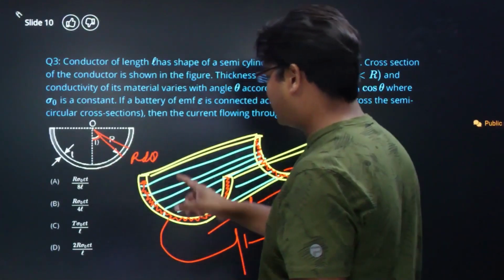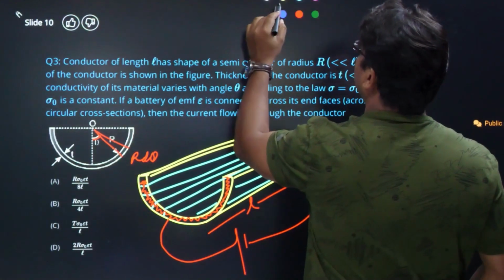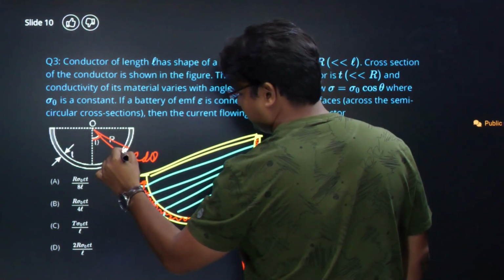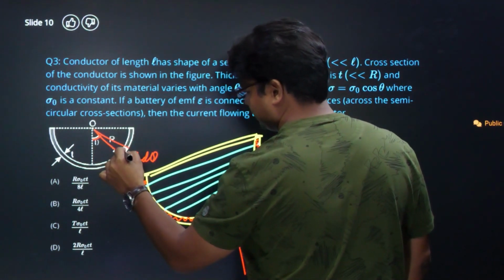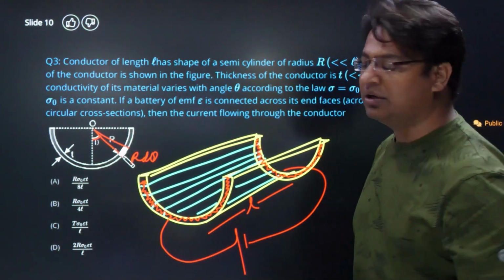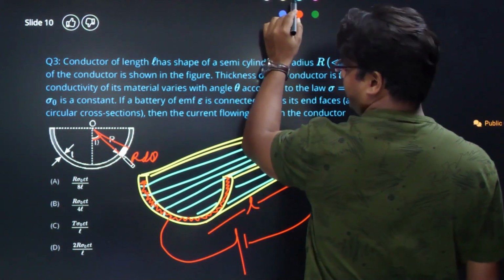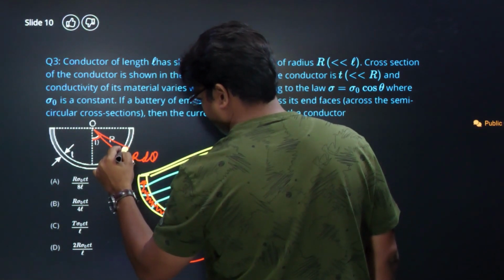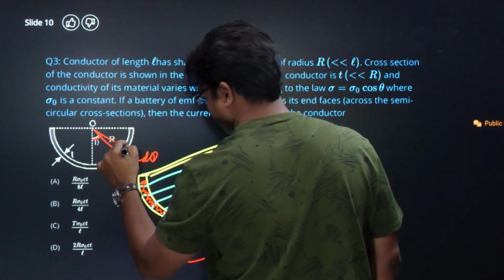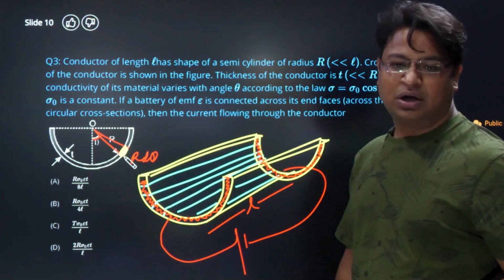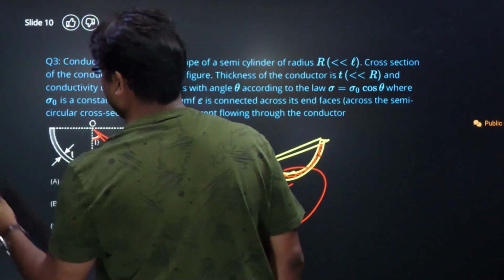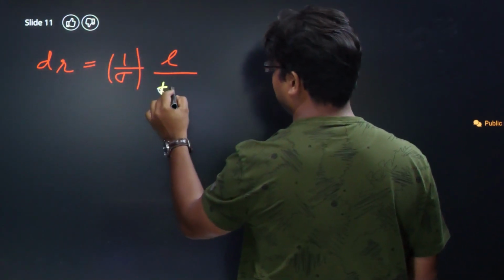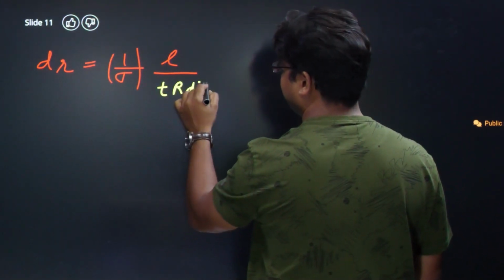So if I'm talking about a strip like this, the area for this particular strip would be this area. How do we write this area? So this area would be R d theta into T. So T times R d theta.